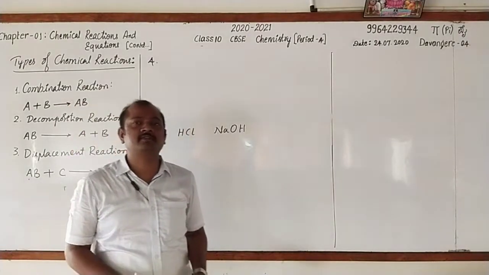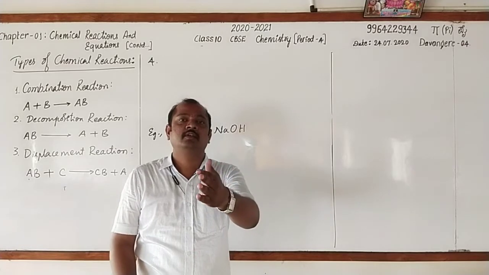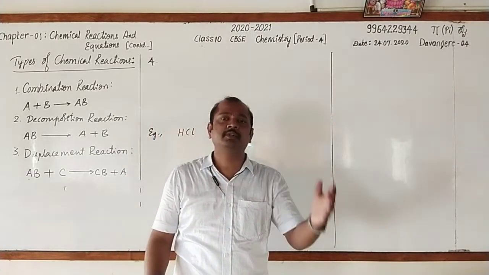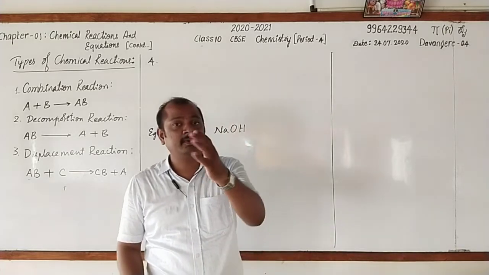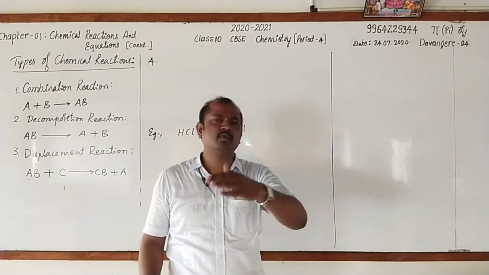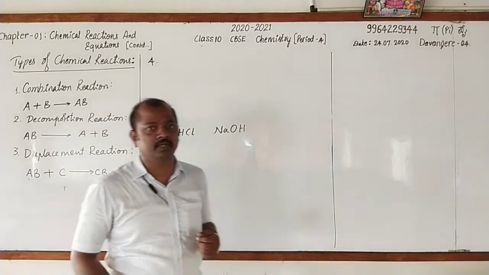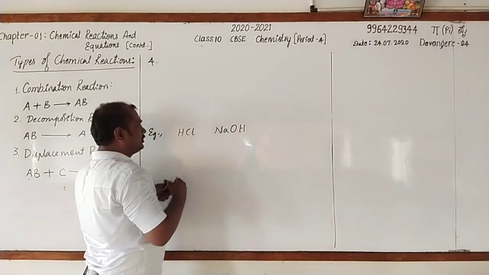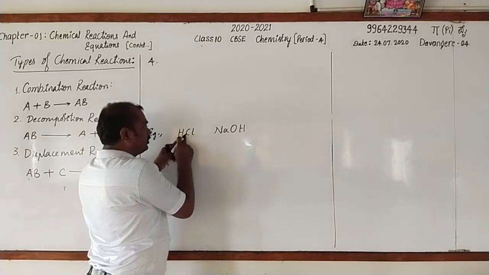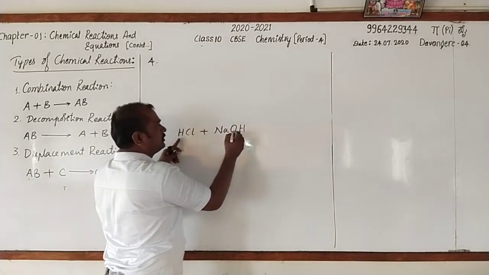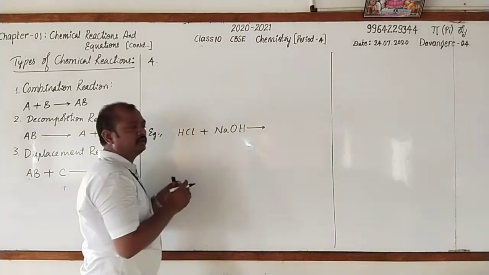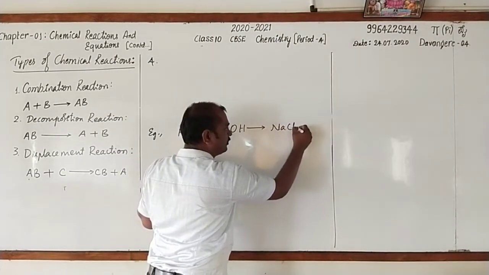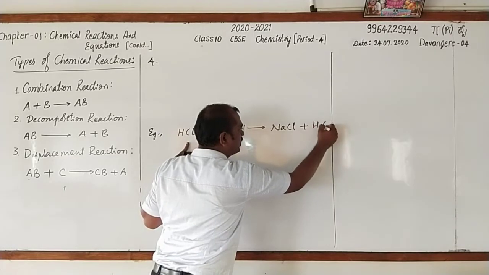What is an acid-base reaction called? It is called neutralization, right? Then what will be the products? The products will be salt and water. That is the most familiar reaction to us. Here hydrochloric acid reacts with sodium hydroxide to produce the salt called sodium chloride, and water, it is common.